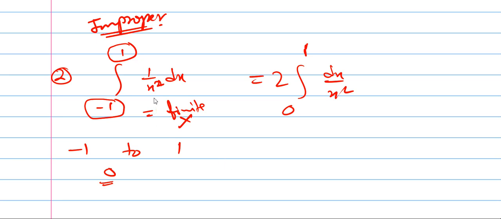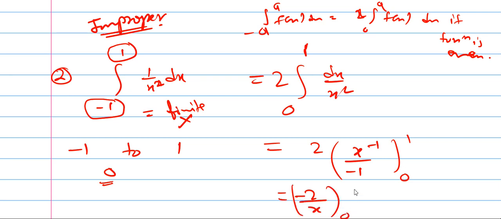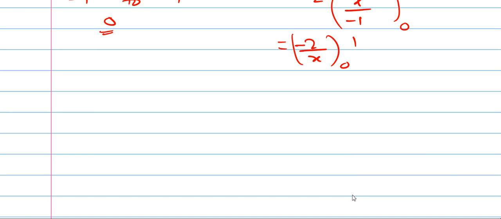So you have to be careful with such type of integrations. As I know that 1 by x square is an even function, using this property, integration minus a to a f of x dx equal to 2 times integration 0 to a f of x dx if function is even. So this becomes 2 times x raised to minus 1 upon minus 1, limits are 0 to 1. That means minus 2 by x, limits are 0 to 1. Substitute upper limit minus lower limit. So it becomes minus 2 by 1 plus 2 by 0.